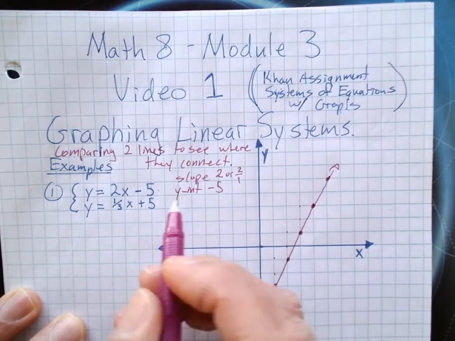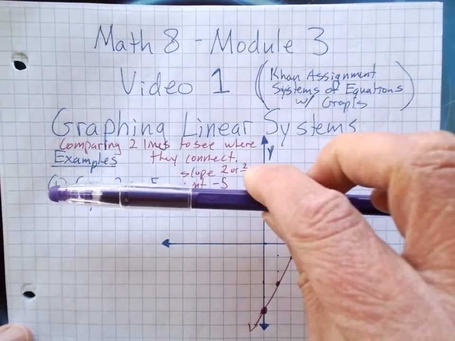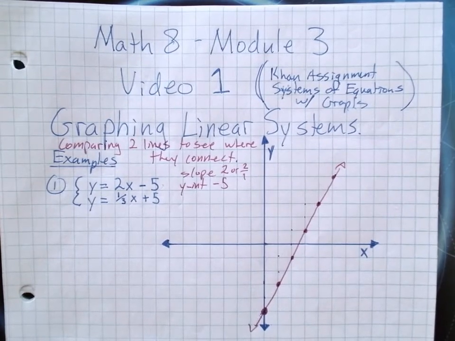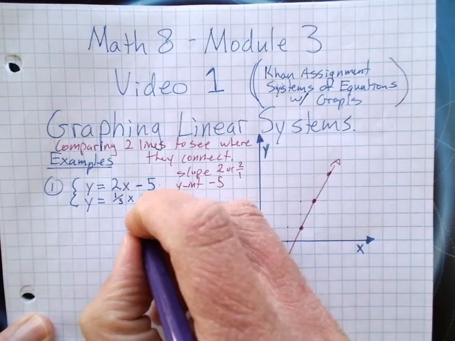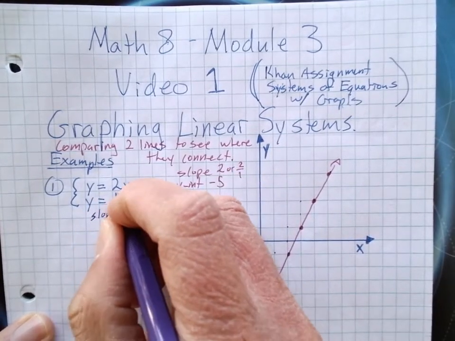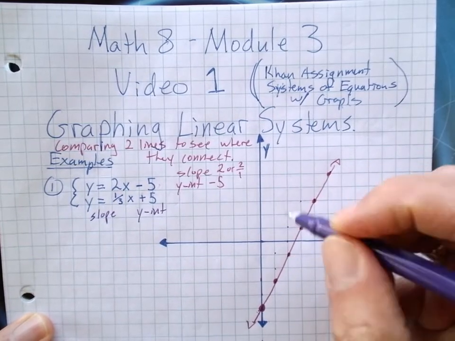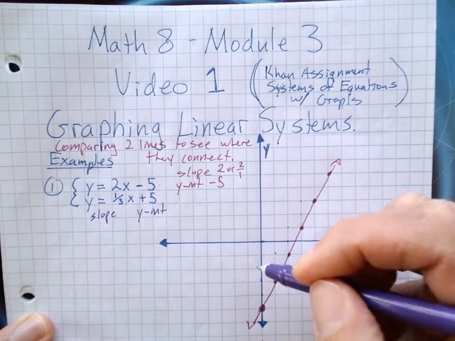Up 2/1. And now I have to graph the second one, and I'm going to use this definitely darker purple. To do that, I have my y-intercept of 5, and the slope here is 1/3. So let's see here.